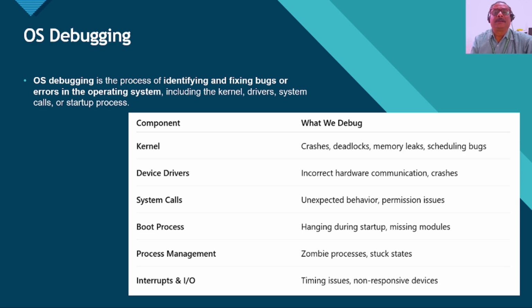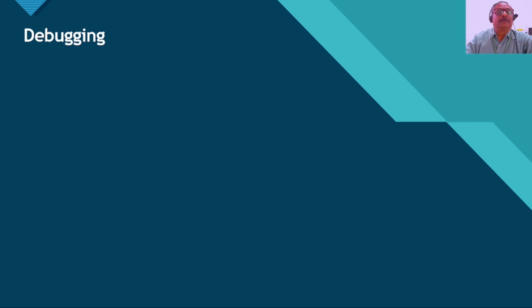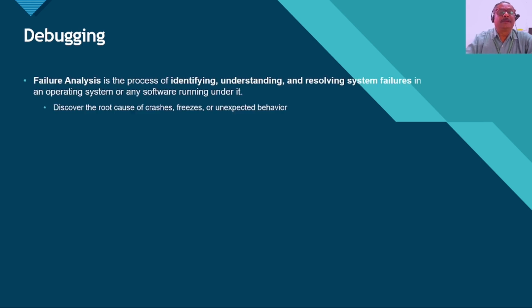So these are some of the problems we look at during operating system debugging at various component levels. Now, the process of debugging, failure analysis, is the process of identifying, understanding, and resolving system failures in an operating system or any software running under it.